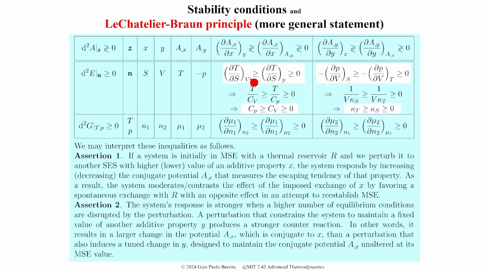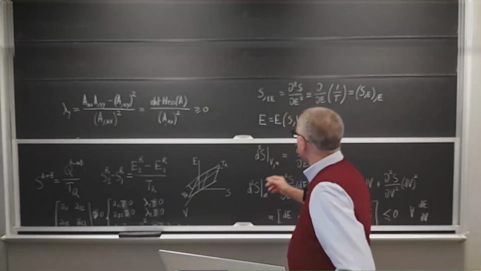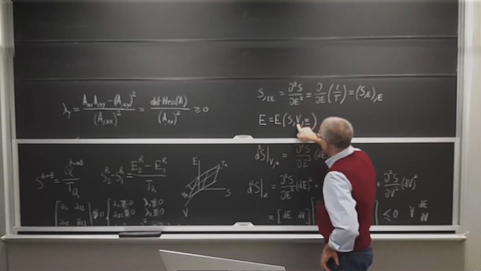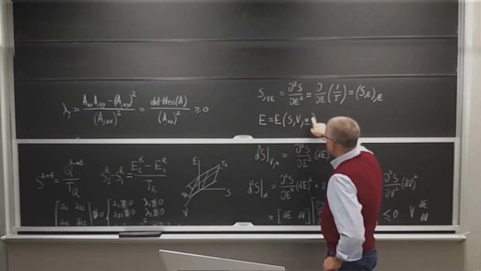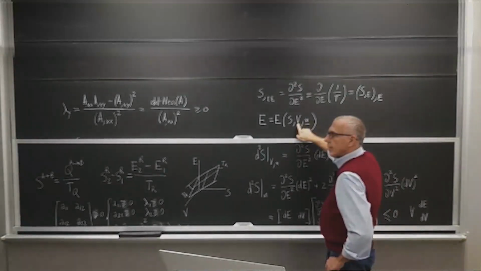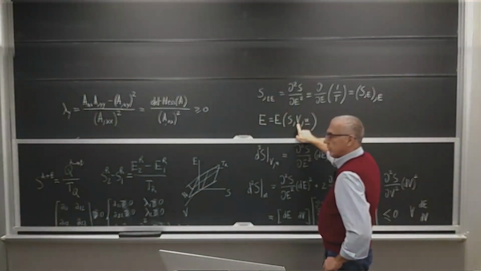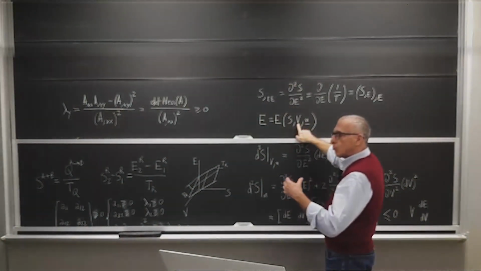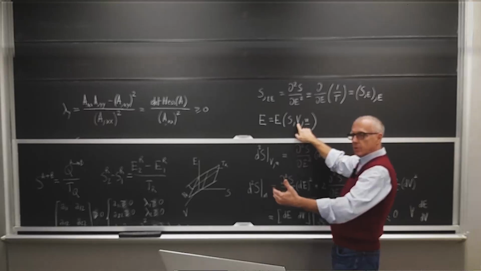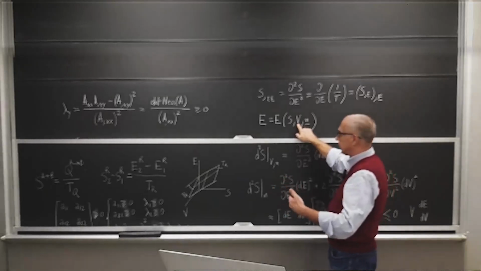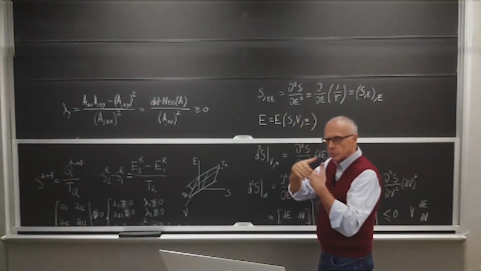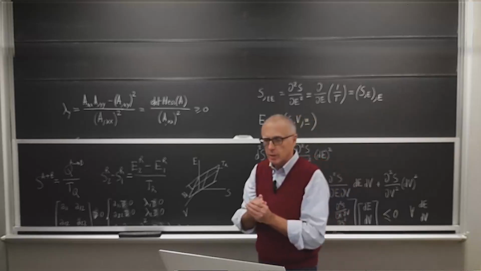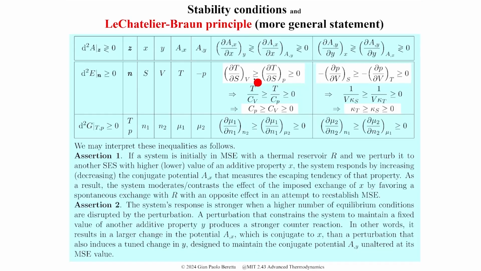You see, volume is the original variable. Pressure is the conjugated potential. It has to do with the tendency to escape, to gain volume. So minus pressure is the tendency to yield volume.